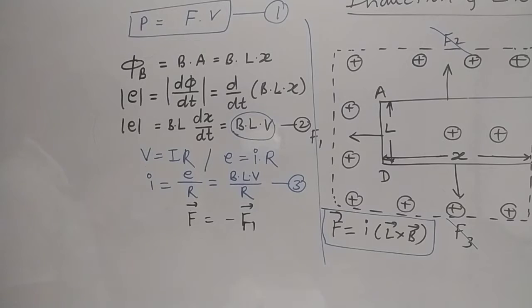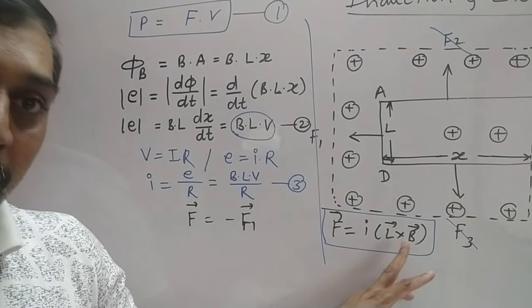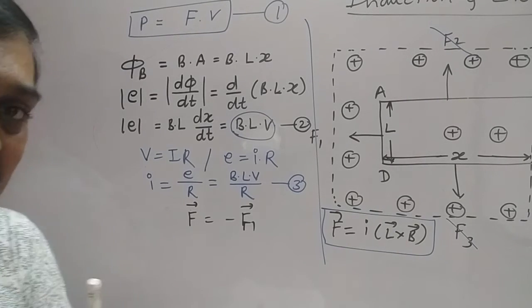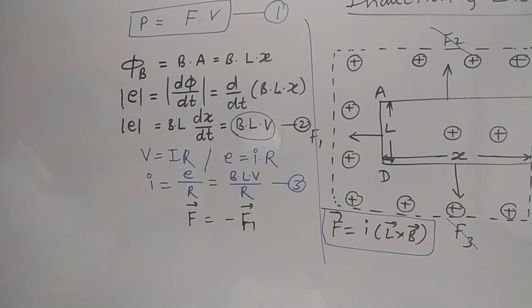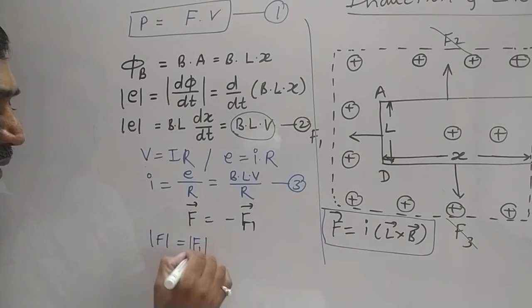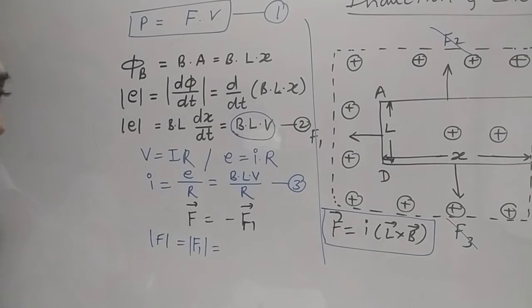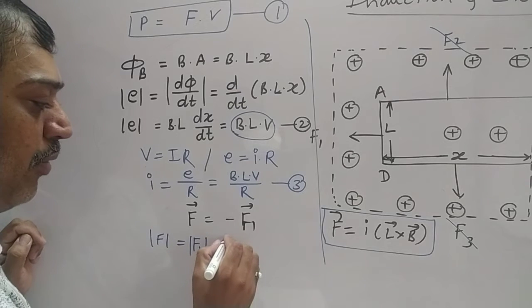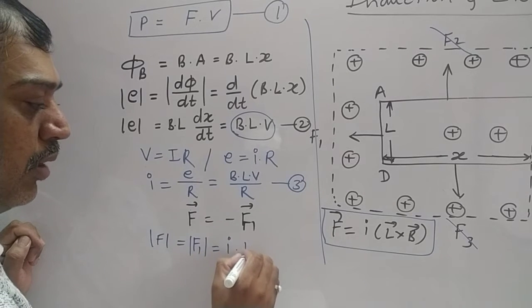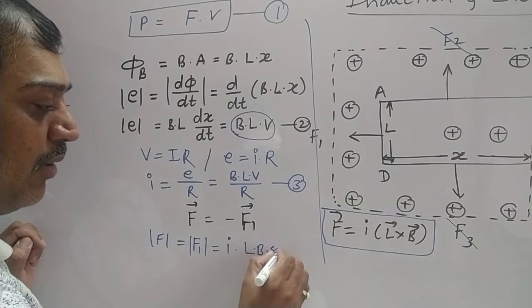Now how to find the force? Just use this equation. Cross product is there, so there must be sine theta. So we can write the magnitude of F equal to the magnitude of F1 equal to this I L cross B, which in magnitude is I into L B sine of theta.